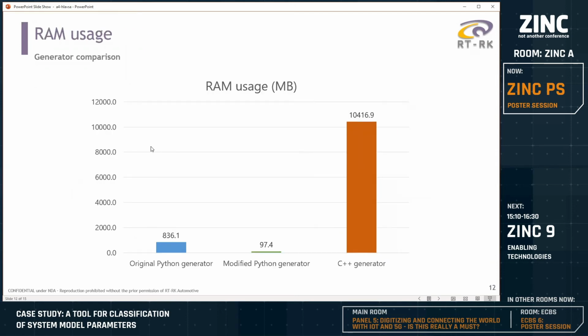In the next slide, it can be seen that the RAM usage is also significantly bigger than the Python generators for the same reasons. There was an attempt to lower this usage by using TXT files, but it was not significant.